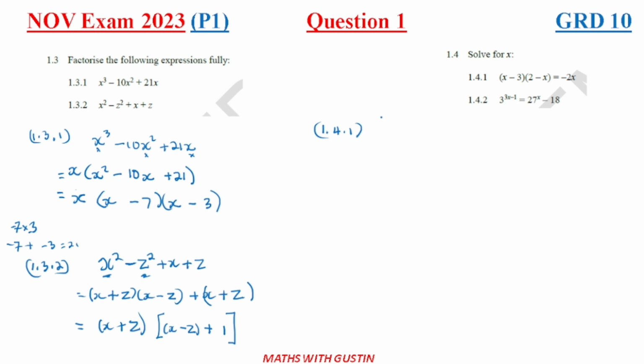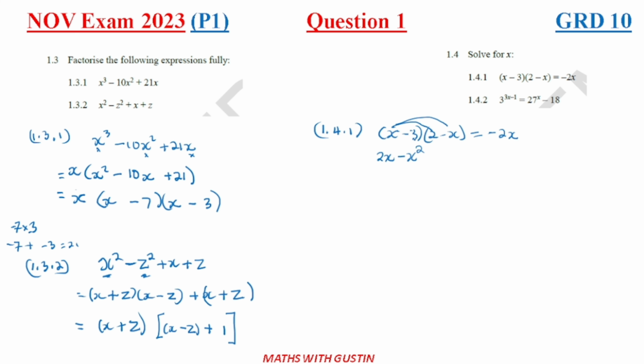1.4.1 says that we need to solve for x: (x minus 3) times (2 minus x) is equal to negative 2x. Okay, so what do we do first here? We need to remove the bracket. So, removing the bracket, you remember guys, binomial: first times first, last times last. First, x times 2 is going to be 2x. x times negative x is going to be negative x squared.